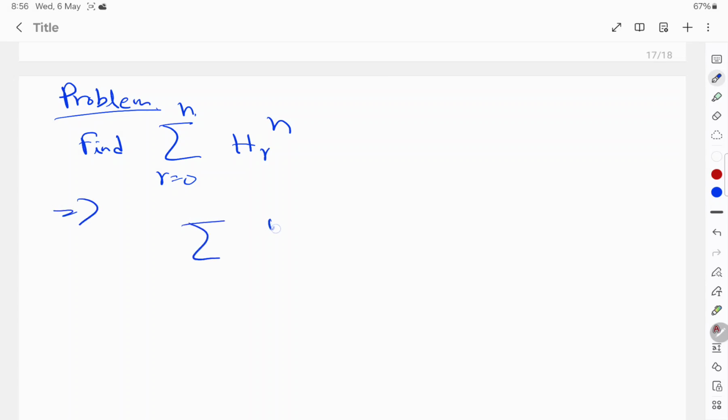So basically you know that w(x) into (x minus x_r) into w'(x_r) equal to 1, right, for r equal to 0 to n.